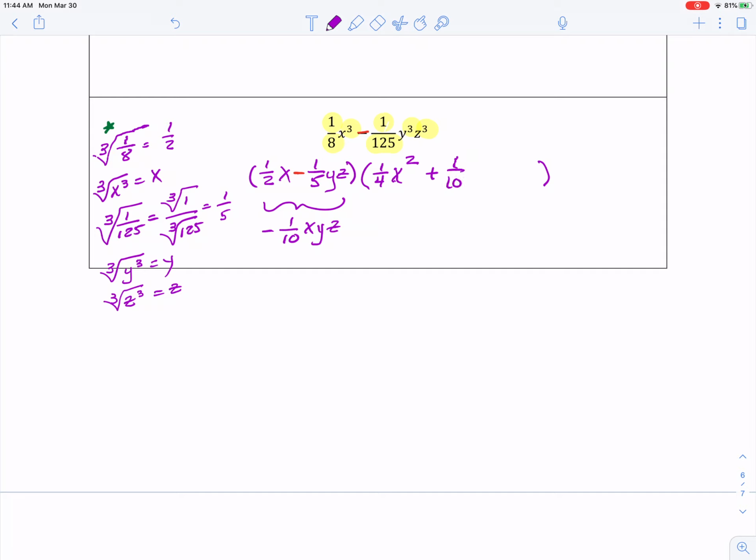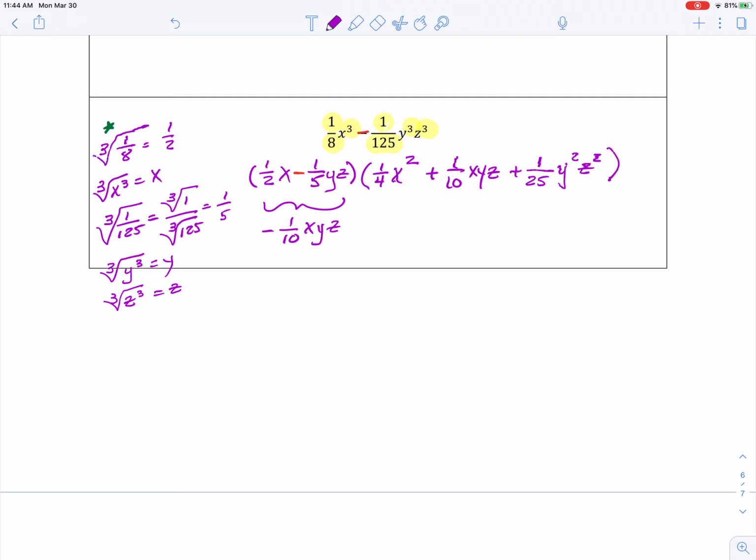It doesn't like me resting my hand on here, I think. That's what's making it do crazy things. And then to get to the last term, we square. So 1/5 times 1/5 is 1 over 25. Y times y is y squared. Z times z is z squared.